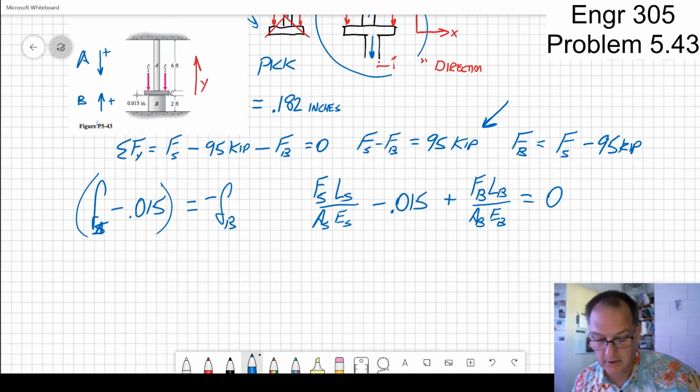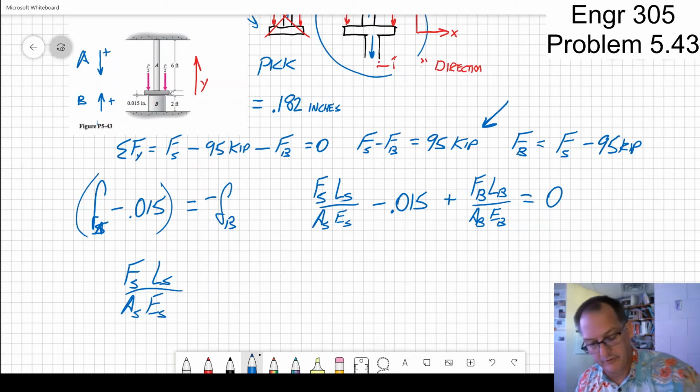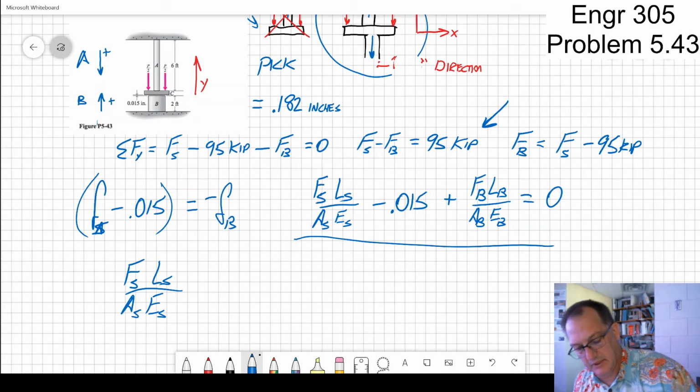Okay, so now I've got force in the steel, length of the steel, over area of the steel, Young's modulus for the steel. I'm back working on this equation. I'm going to move the 15 thousandths to the other side.